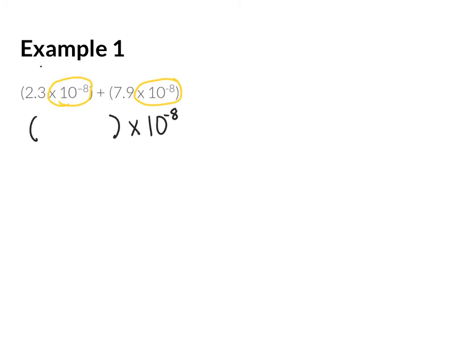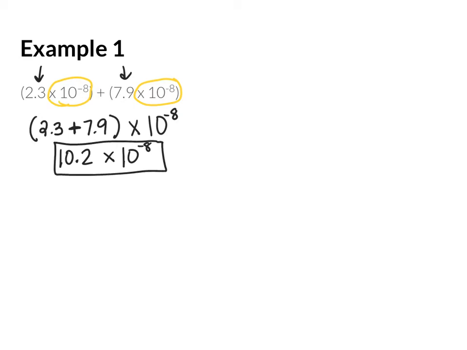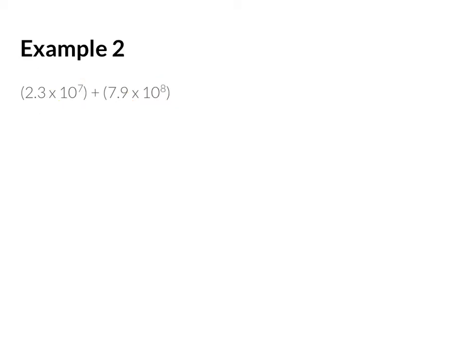And those 2 numbers are what was multiplied by 10 to the negative 8 to start. 2 and 3/10 and 7 and 9/10. When I add them together, I end up with 10 and 2/10 multiplied by 10 to the negative 8 power as my final answer.